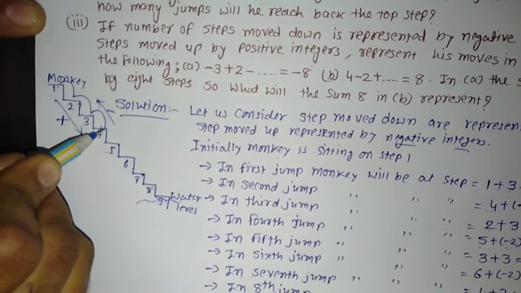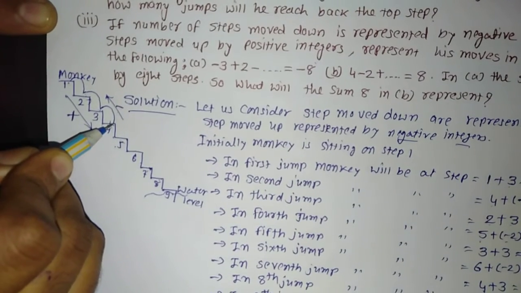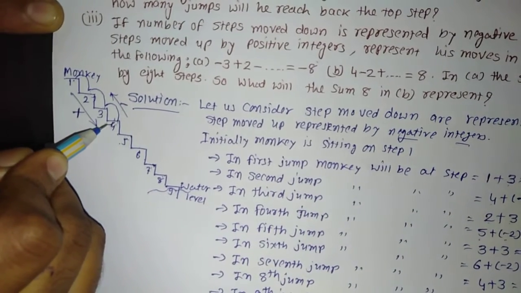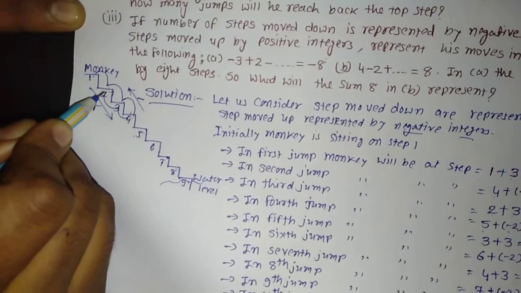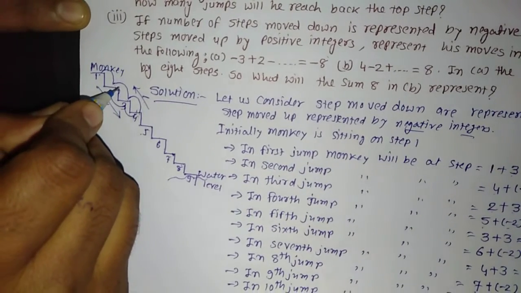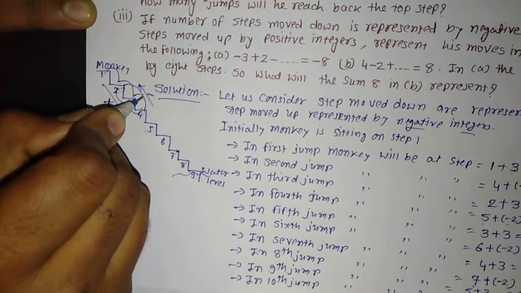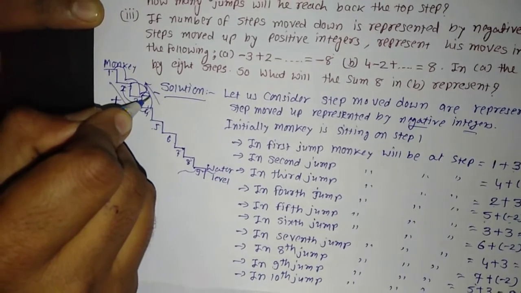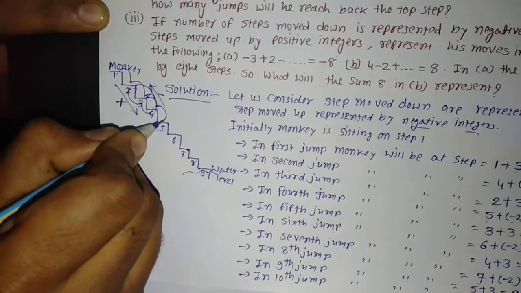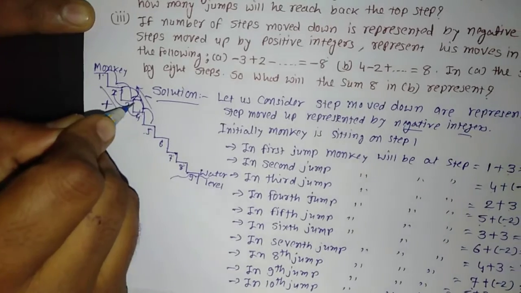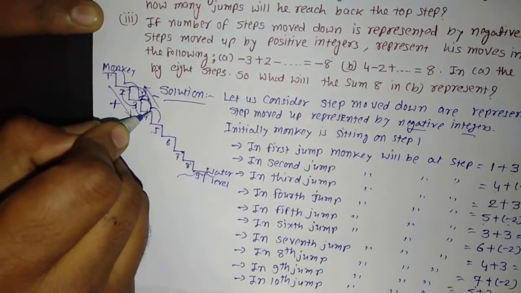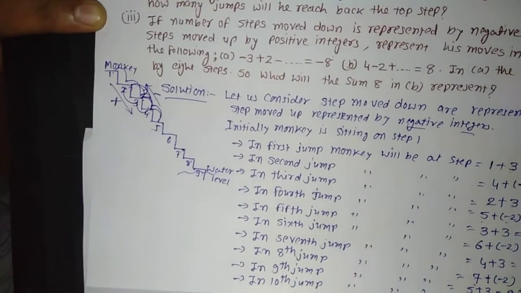This is jump number 1. Then in jump 2, where will it come? 1 and 2. At jump 2, he will be here. Jump 3, from the second: 1, 2 and 3. You will reach 5.